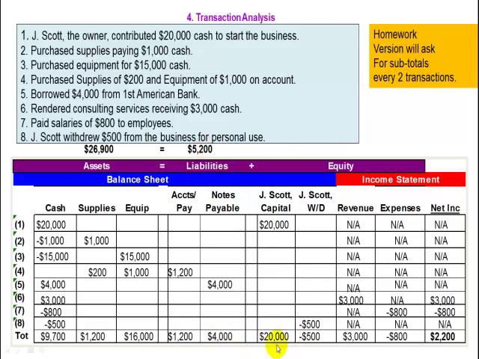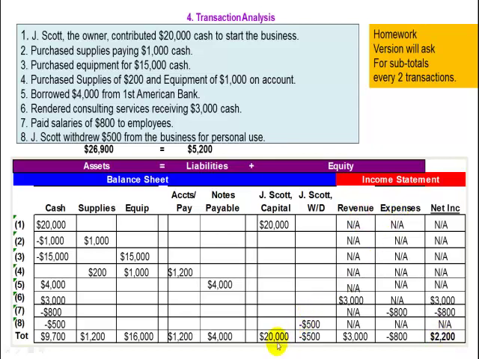And we're going to also add up the owner's equity accounts, and there's only 4 of them. There's the capital account, the withdrawals account, the revenue account, and the expense account. Again, net income is not an account, it's just the result of revenues minus expenses.